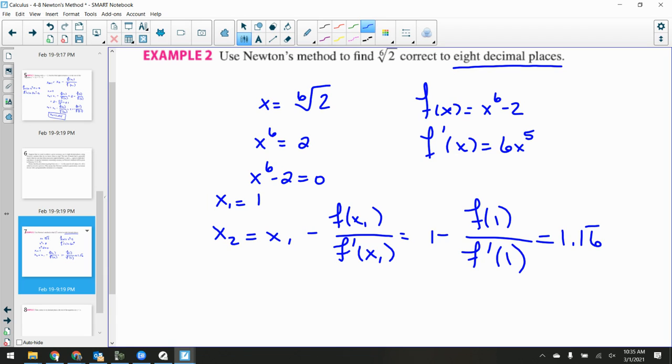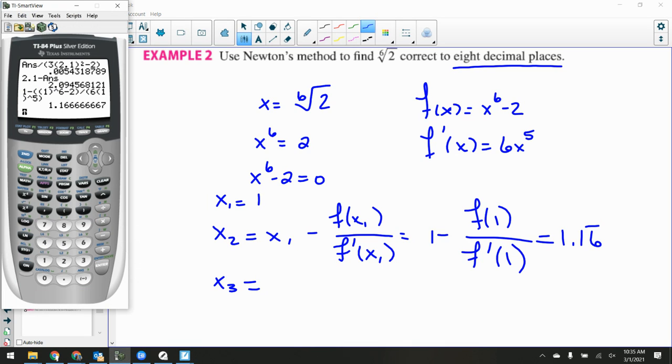I could write it out to 8 decimal places, but it's 6 is over there. Let's find x3. The reason I put in that whole formula here is because now I can just copy and paste.